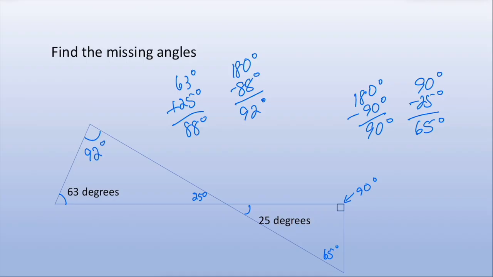So that just kind of gives us, again, a way to find missing angles. So the vertical angle rule, when you make an X, is used quite often. The 180 rule for triangles is used quite often.